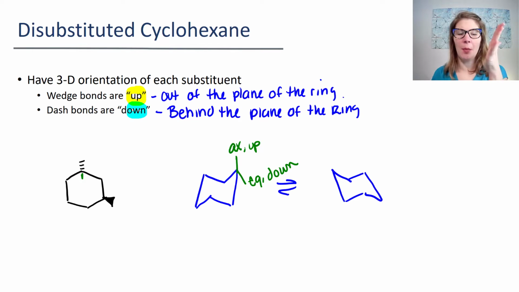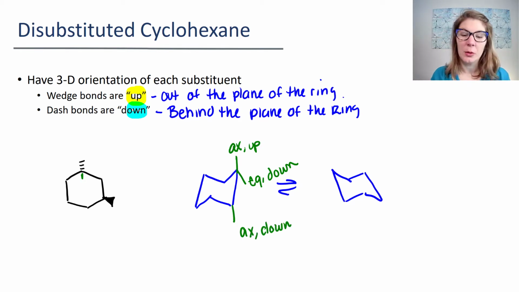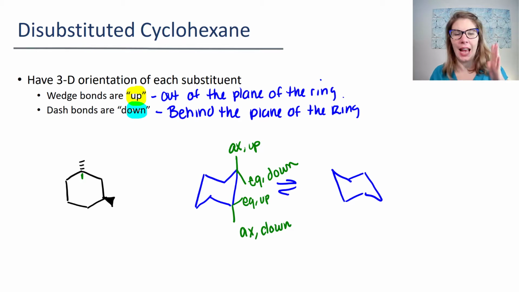If axial was up on that carbon, the next carbon, axial is going to be down. If axial was down on this carbon, then equatorial here is up. And so there's a pattern, right? There's two patterns. First pattern, looking at an individual carbon: one group must be up, the other group must be down.